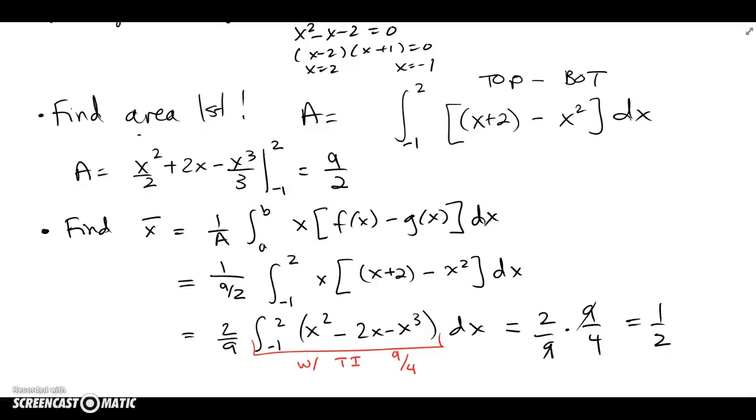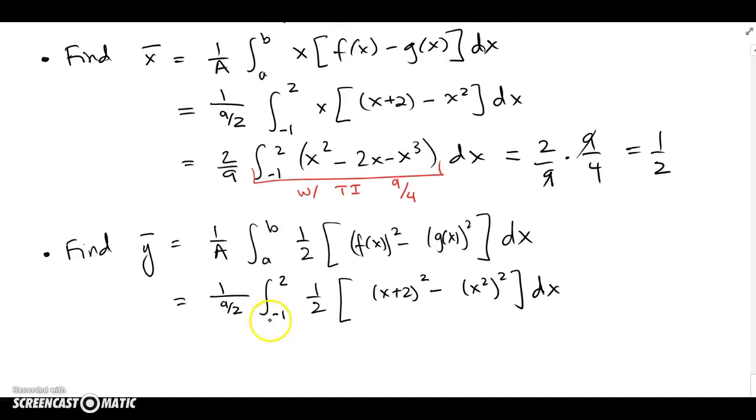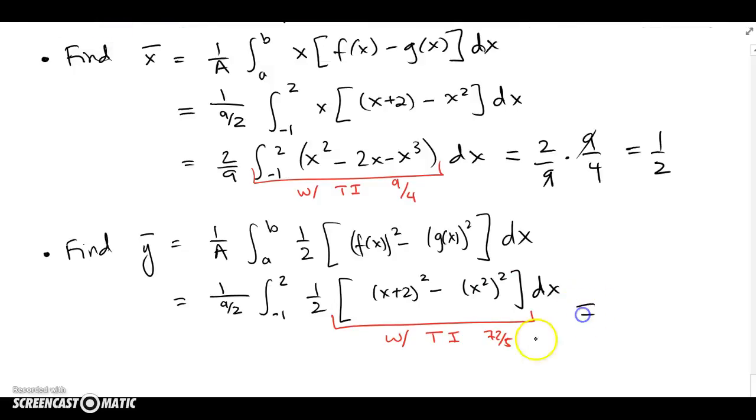Let's go find y bar. So same idea, but take your top function squared, and subtract from it the bottom function squared. So we got 1 over 9/2, again from negative 1 to 2, a half times the top function, the linear function squared, minus the bottom function, the parabola squared. And again, go ahead and use your TI. In using my TI really quickly, I got 72 over 5 for this integral.